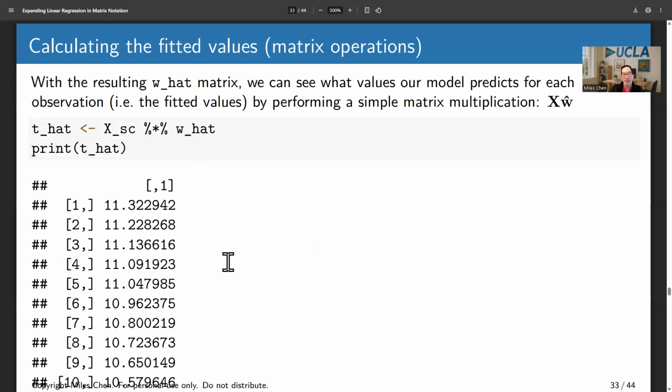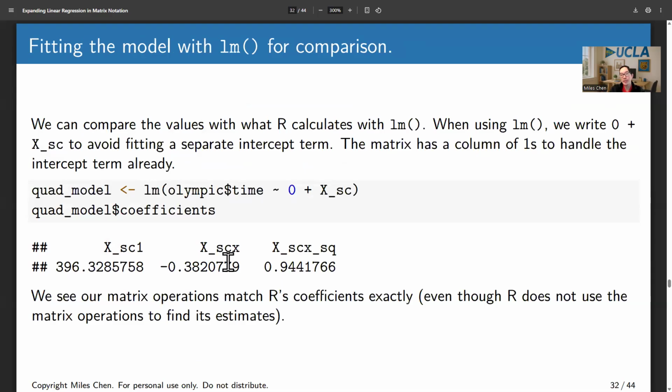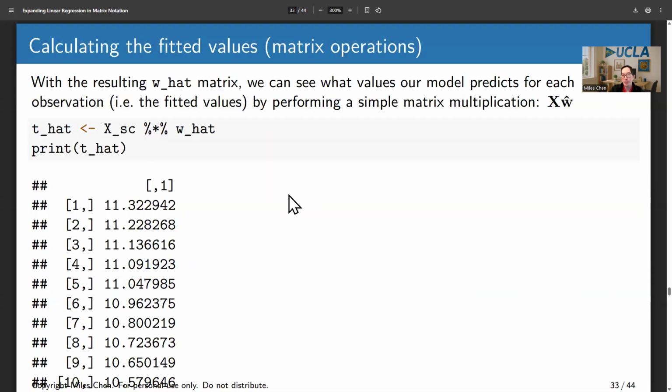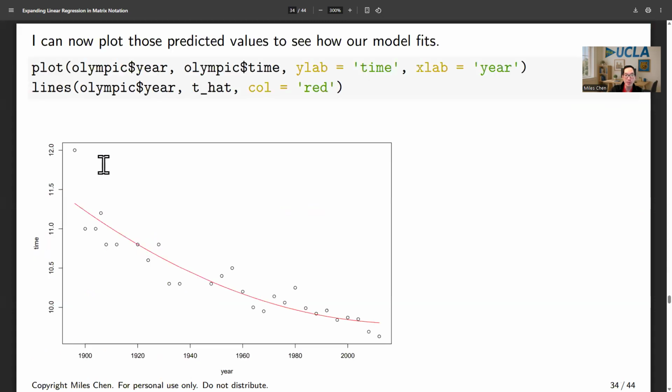Okay. So this is what we have. We can make our predictions by doing X times W hat. X times W hat gives me my predicted values. And this is now going to be my quadratic fit. And it looks like this. Okay. And yeah, that looks like a pretty good fit.